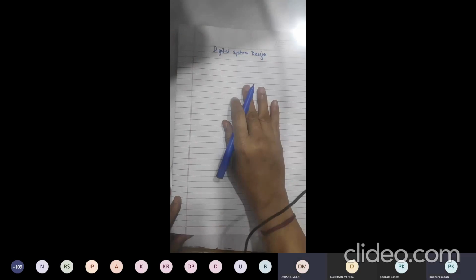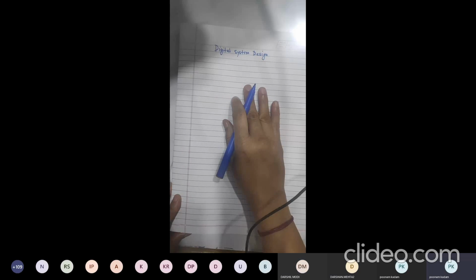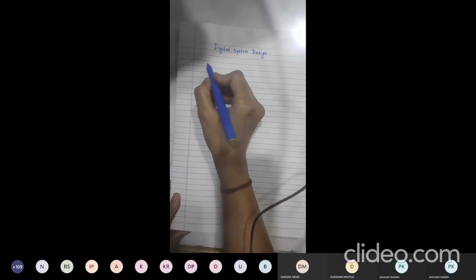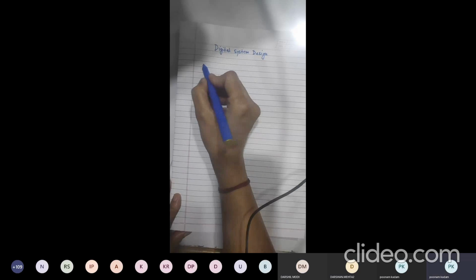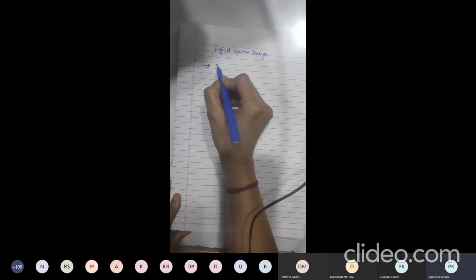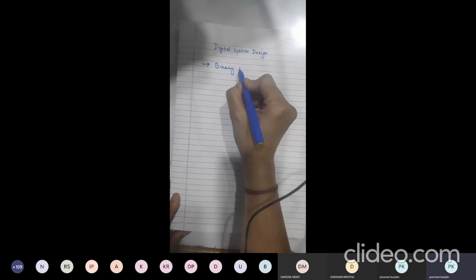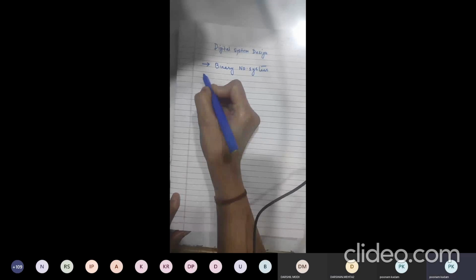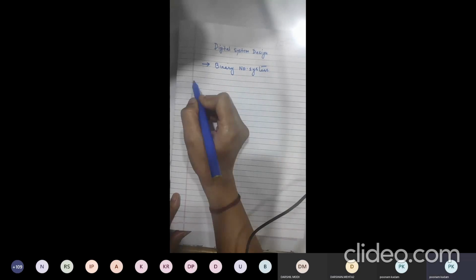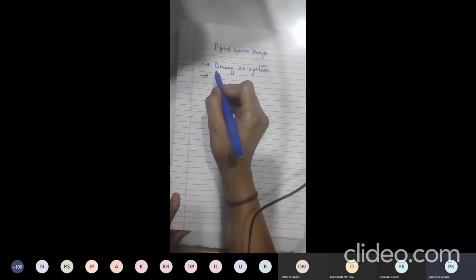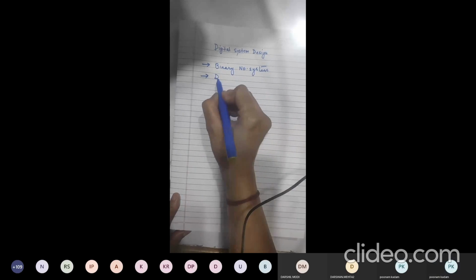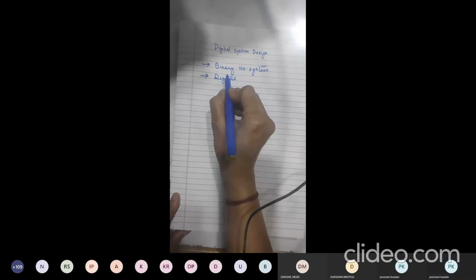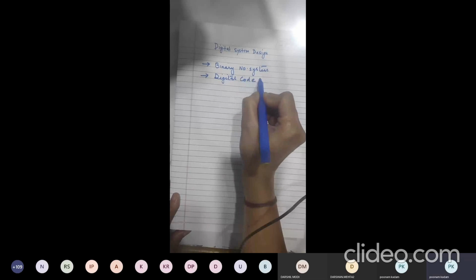So I'll start with the first chapter, which I said is digital codes and binary arithmetic. Okay. So the flow of this chapter is something like this. I will first start with the binary number system. I hope all of you are aware of this, but just as a revision, I will cover this part. Then I will start with various digital codes.